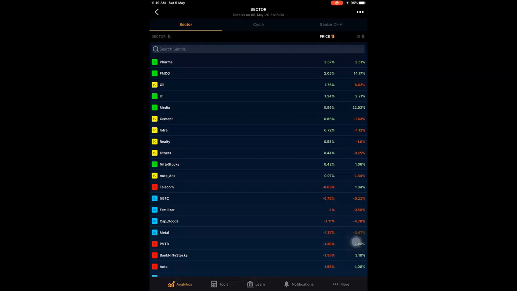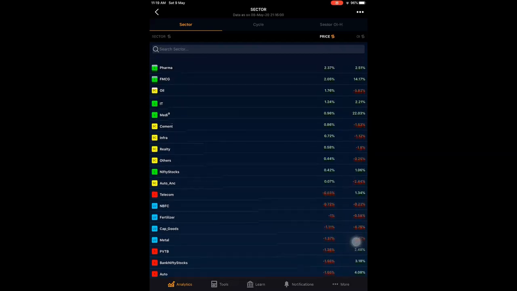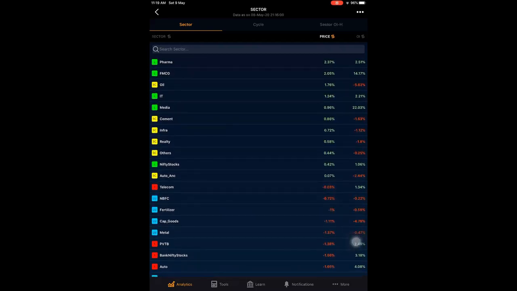So for any given day, we get the built up scenario of all the sectors. These sectors have been defined based on the composition which is there in the derivative segment. So it is not the sectors specified by the broader index. It is not a cash based index, it is a derivative based index.